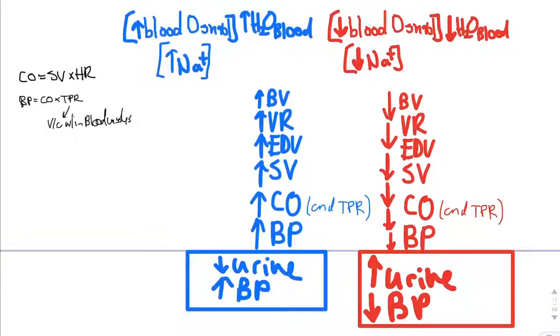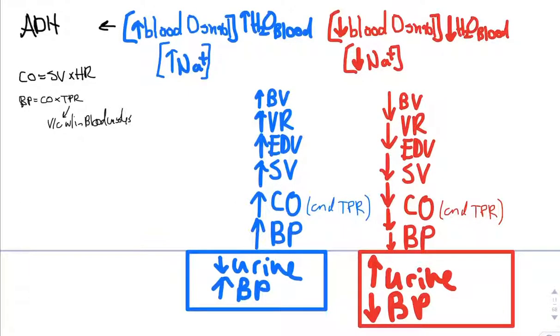These two situations are if our blood osmolarity is high versus if our blood osmolarity is low. The first one is an example of ADH, and these are just general pathways.